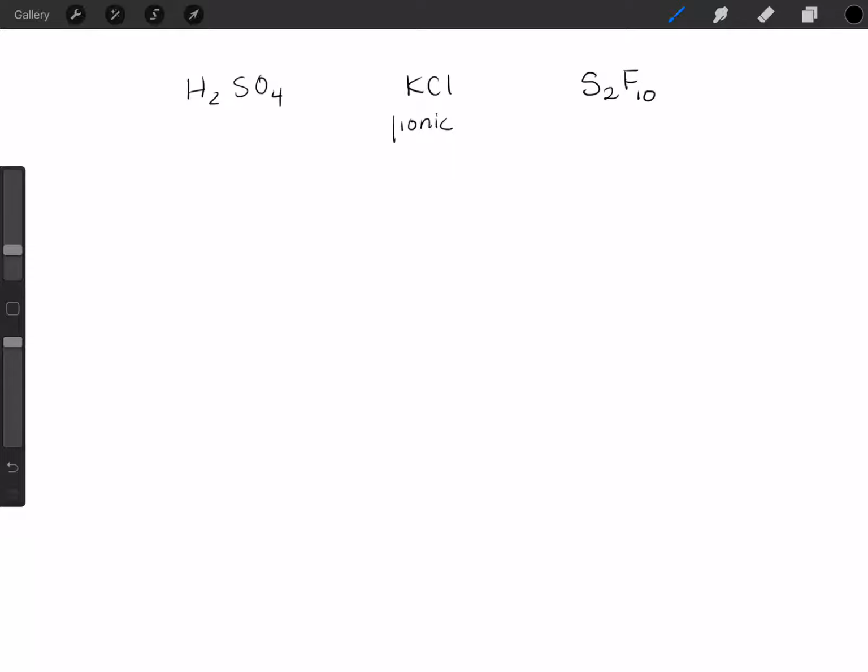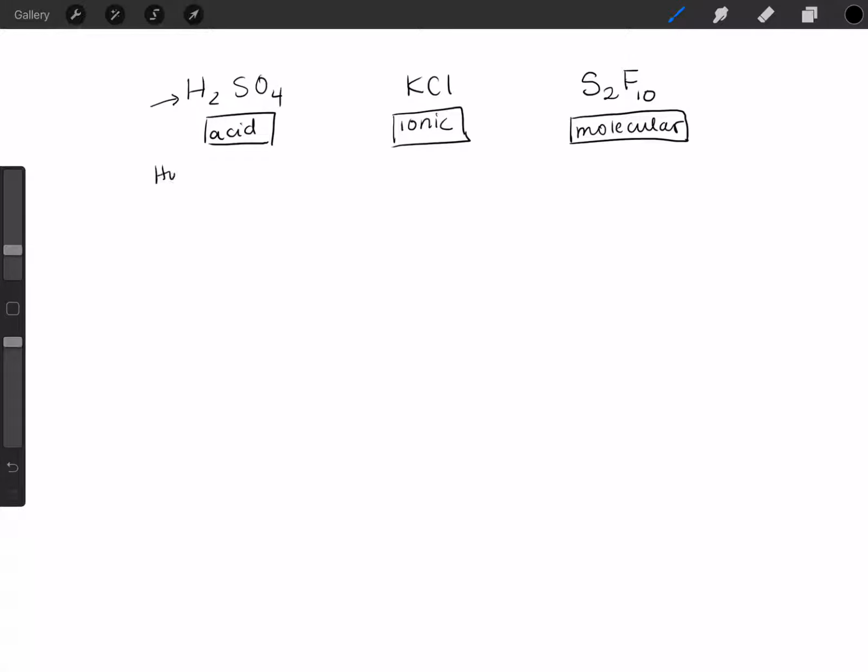Okay, so now we have two other kinds of compounds. What are they? This one is an acid, right? And what's the one on the right? Molecular. Okay, so how do you know that this one is an acid?